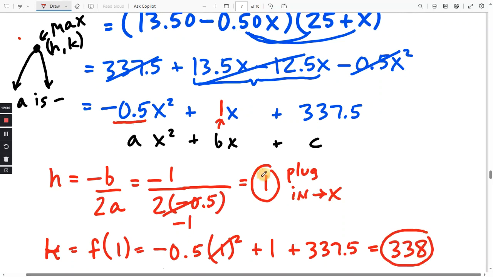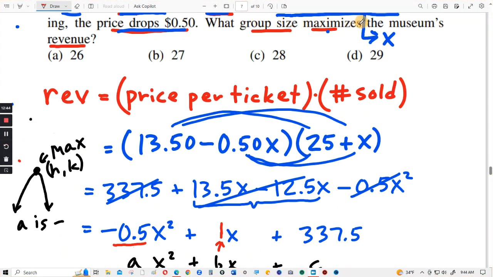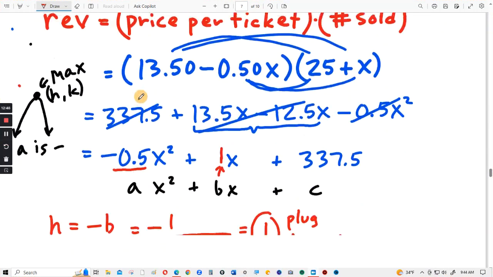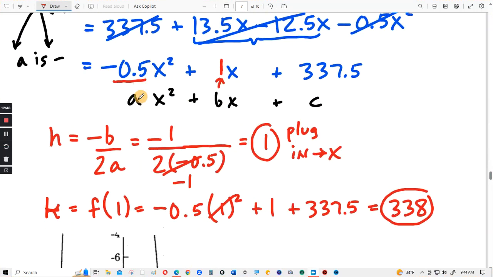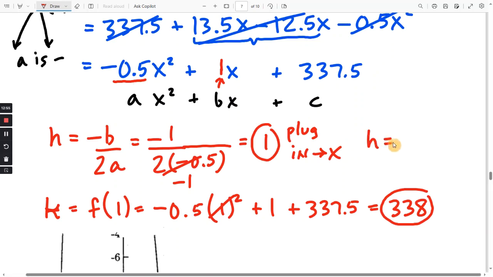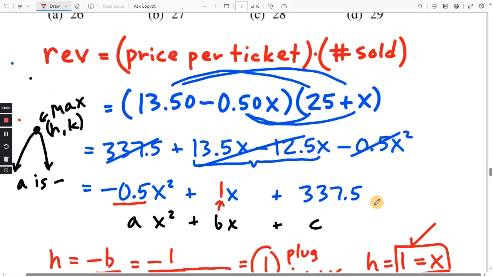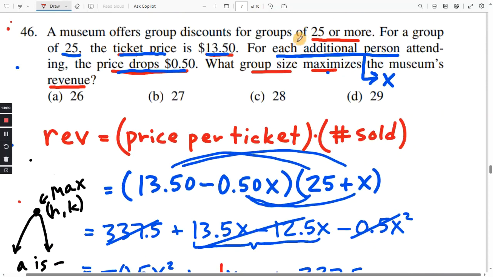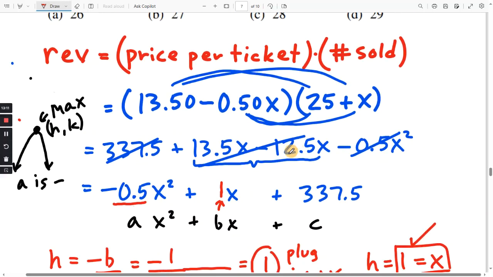Let's look at the problem again. What group size maximizes the museum's revenue? Well, this right here is h equals 1. And h is the x-coordinate for the vertex. So I think that's all we needed. Now they said what group size? So it starts with 25, but then it's 25 plus x.